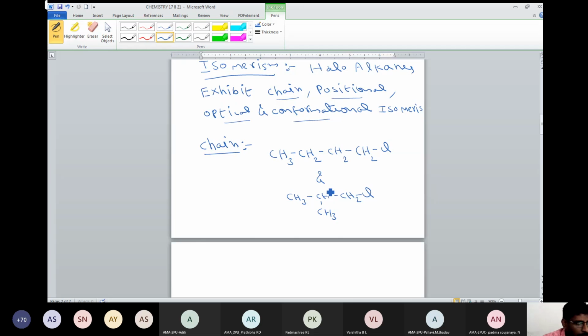What is the difference in here? Carbon chain length is 4, carbon chain length is 3. And chain length is different. These are called which isomer? Chain isomers. That's why haloalkanes exhibit chain isomerism. These two are examples. Different carbon chain length. What are chain isomers?